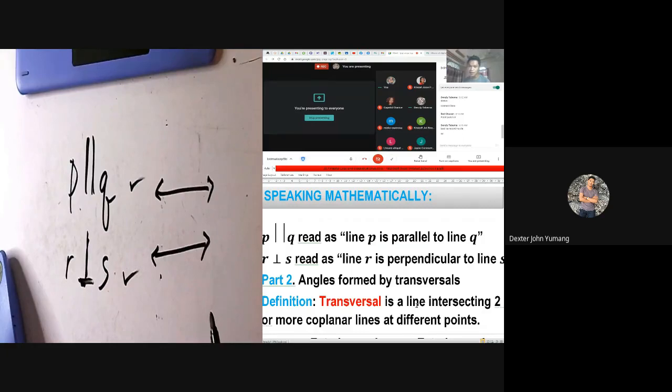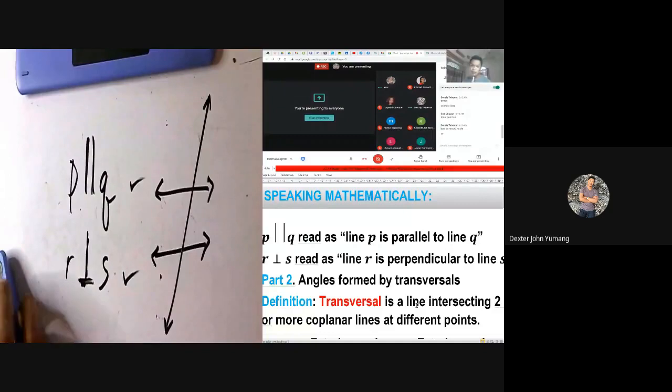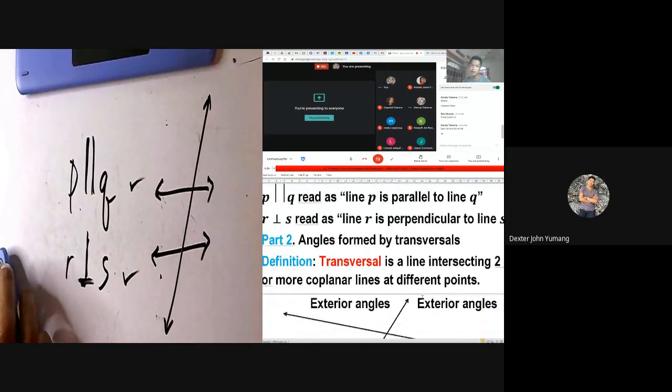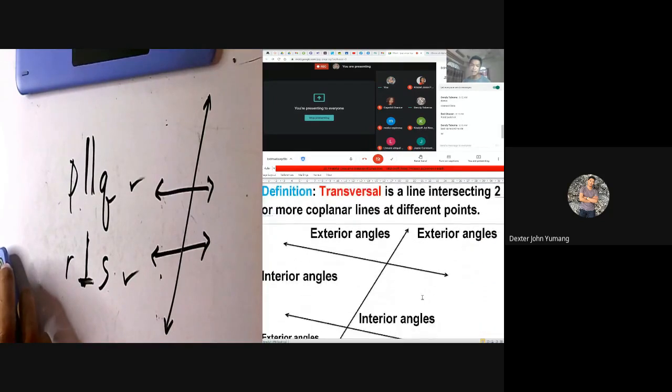Pero, pag ang isang parallel line, pinutol ng isang linya, ang tawag dyan ngayon is transversal. Therefore, when you say transversal, it cuts the parallel lines or it crosses parallel lines. Ganun po yung ibig sabihin ng transversal. Again, transversal is a line intersecting two or more, pwedeng dalawa, pwedeng tatlo, at different points. Example of this transversal.